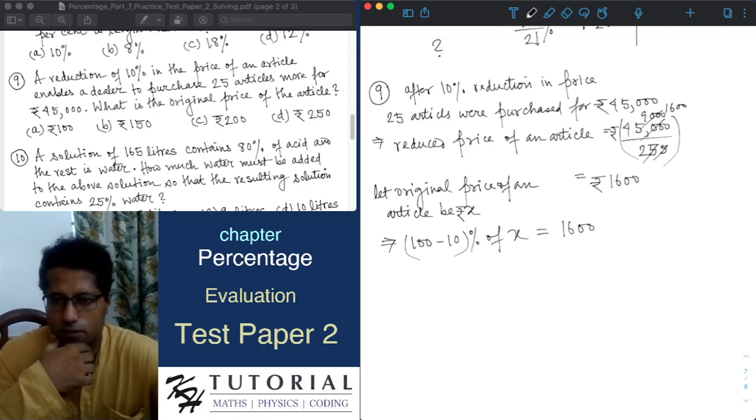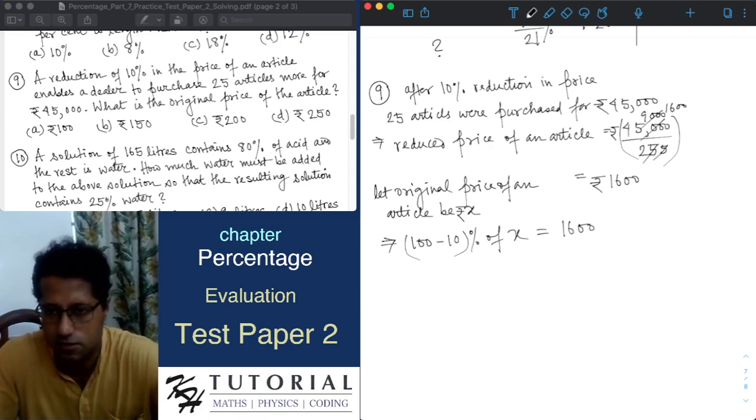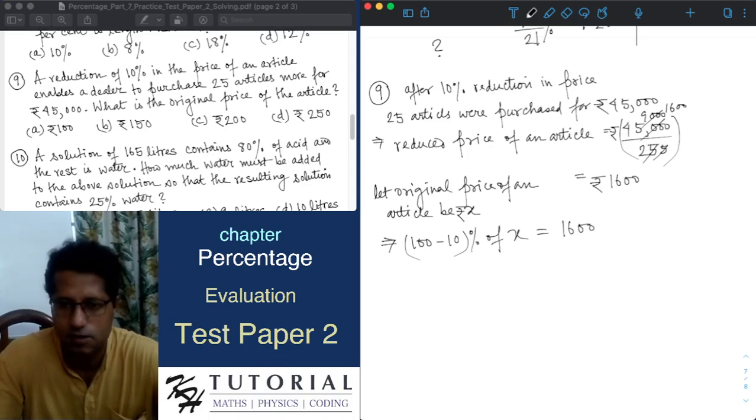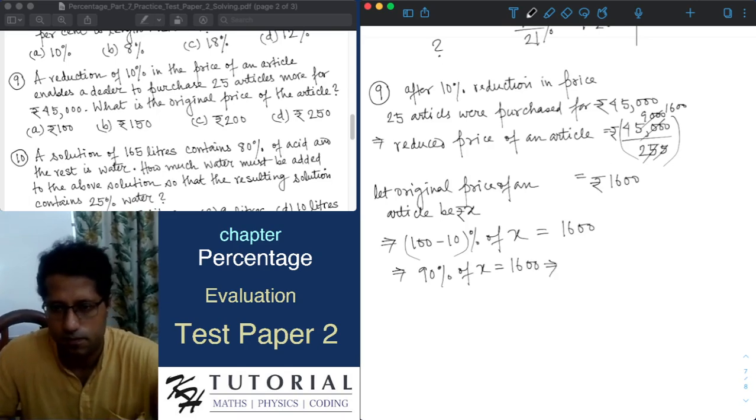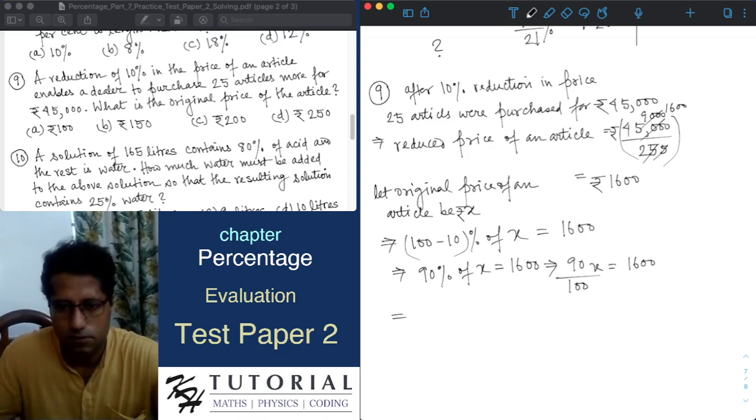Now, if we assume the original price of the article was rupees X, then the new price after reduction will be 100 minus 10% of X. That should be equal to the reduced price. So this implies 90% of X equals the reduced price. This implies 90 by 100 x equals that price, so x equals that price multiplied by 100 divided by 90.